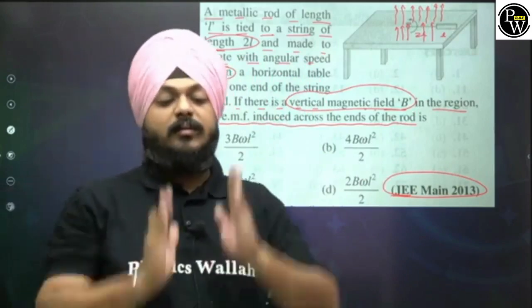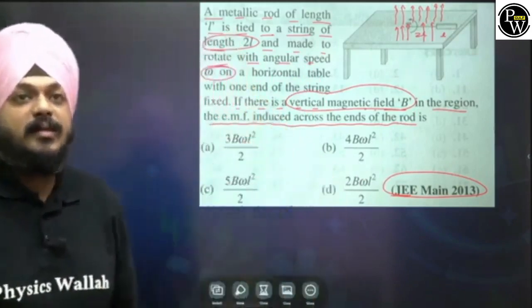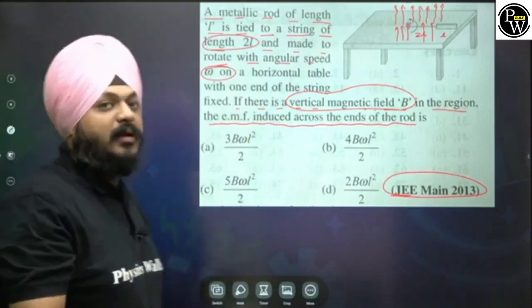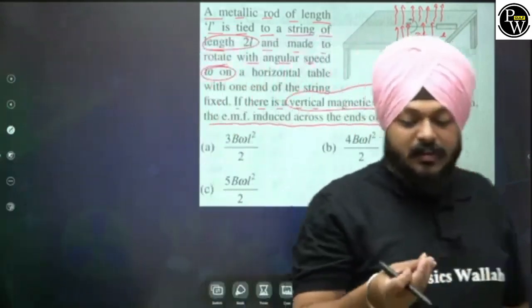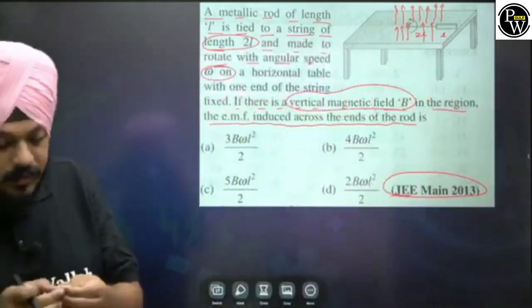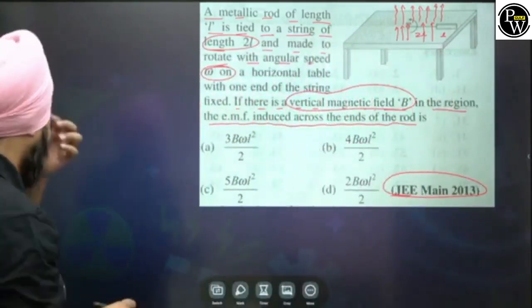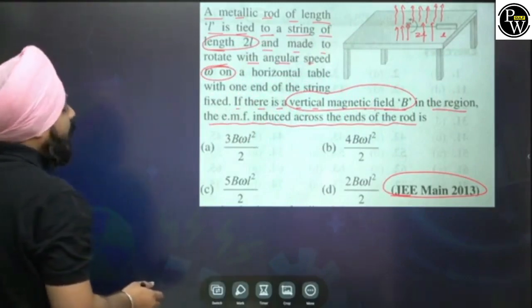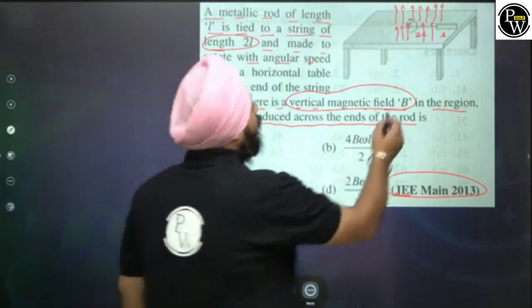Then what happens? We have to calculate the EMF across the ends of the rod.